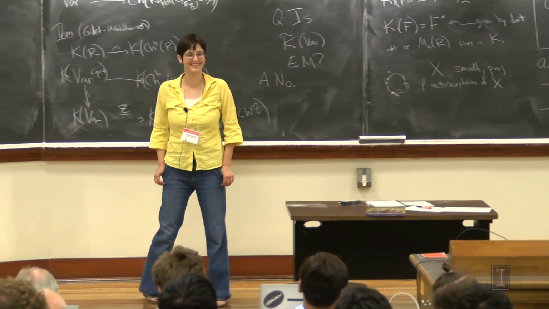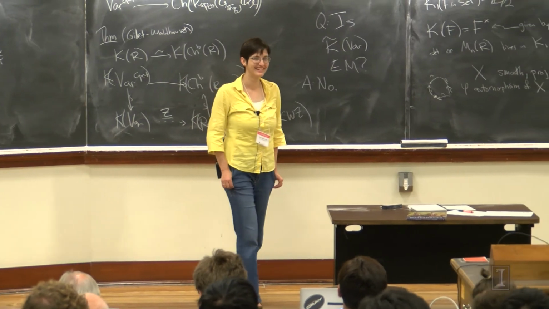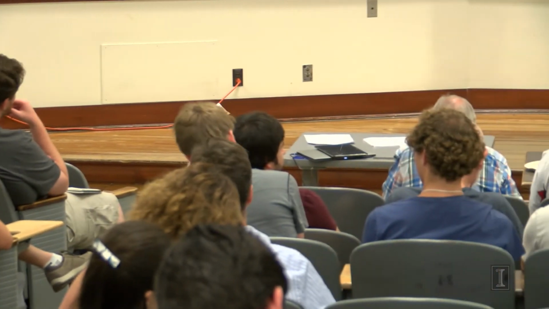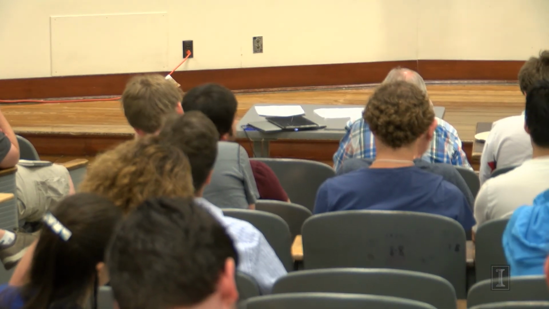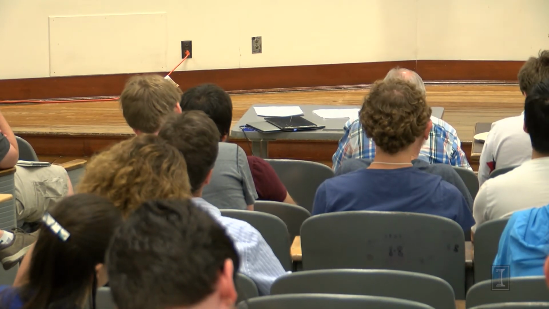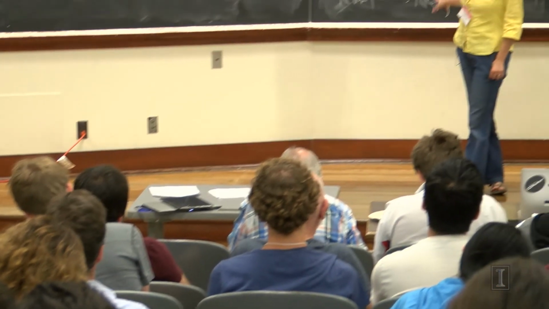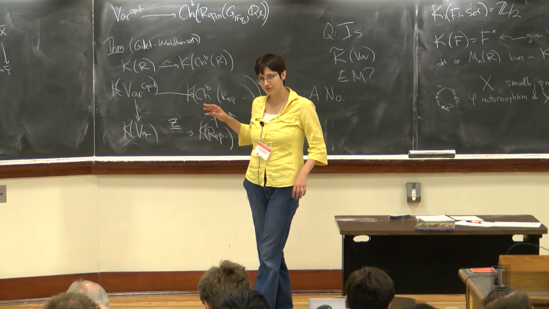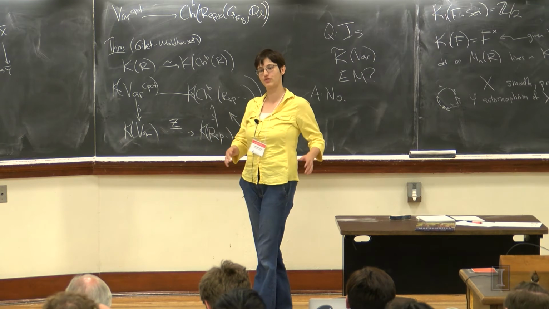Can I just ask you what model for K theory you prefer to use in all of this? For this particular application, there are two models of the K theory of varieties.